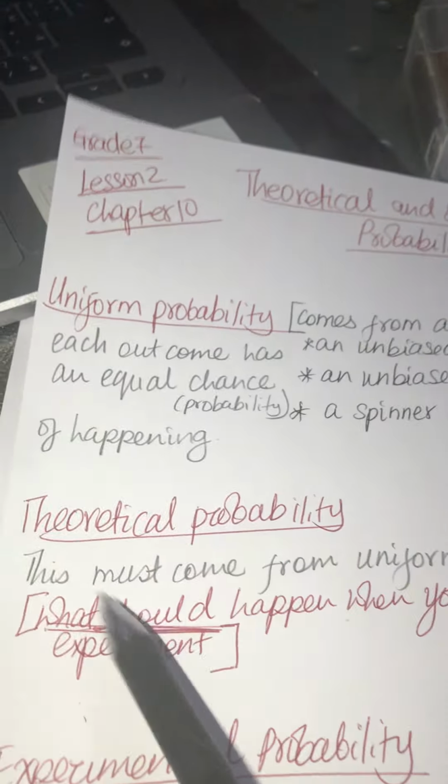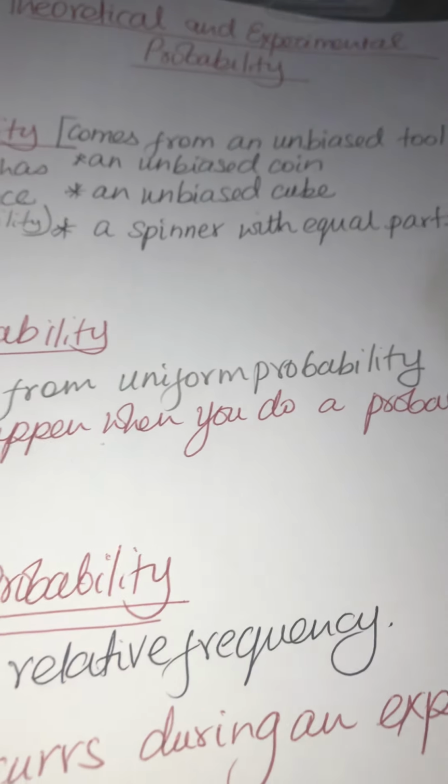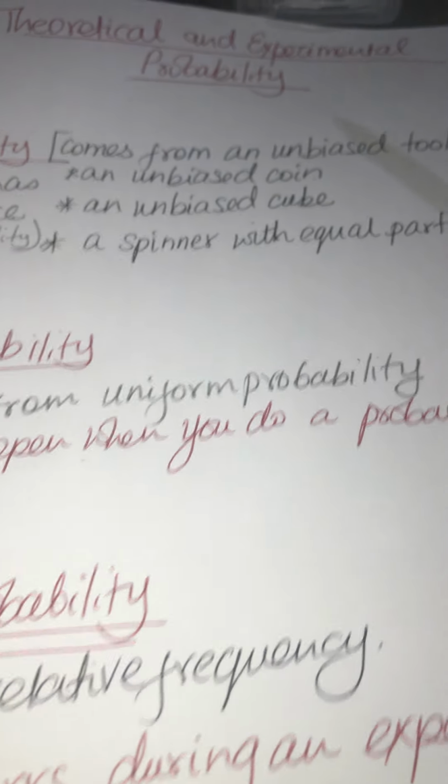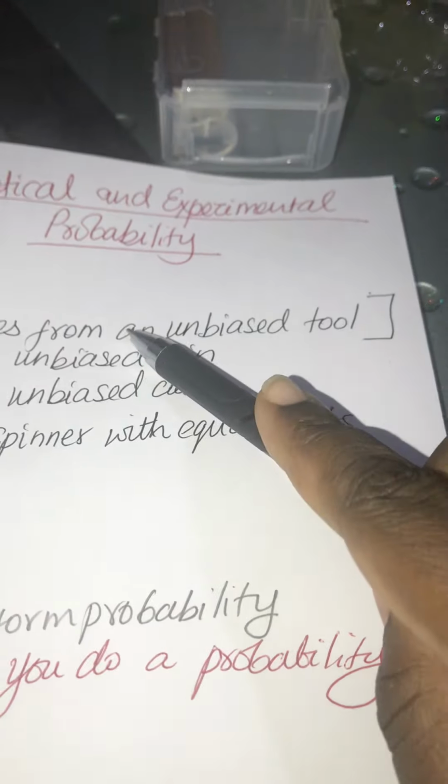So you just look and say, how many chances do I have to win? 2 out of 4, which is 1/2. How many chances do I have to lose? 2 out of 4. So you must use a fair model or an unbiased model to do theoretical probability. So theoretical probability must come from uniform probability. When you're doing uniform probability, you must use an unbiased tool.